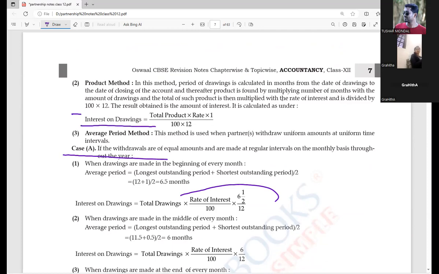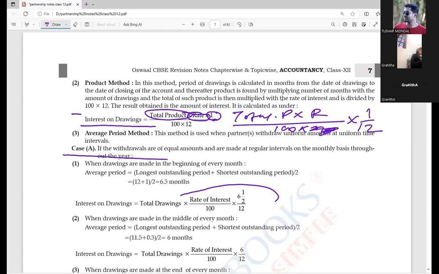Interest on drawings equals total product into rate, into 1, divided by 100 into 12. If you're not writing the 1, that is also fine. Indirectly, that is 1 by 12. We'll see how this comes when the question arrives.